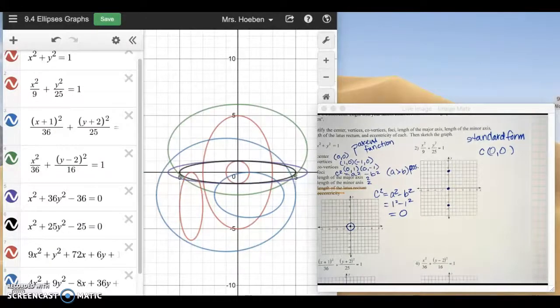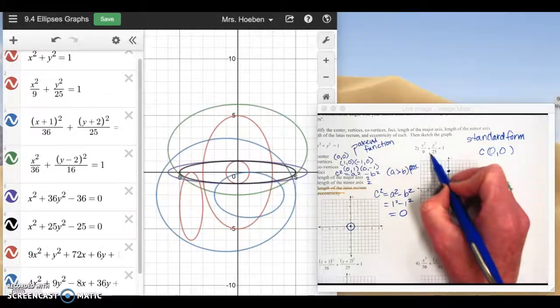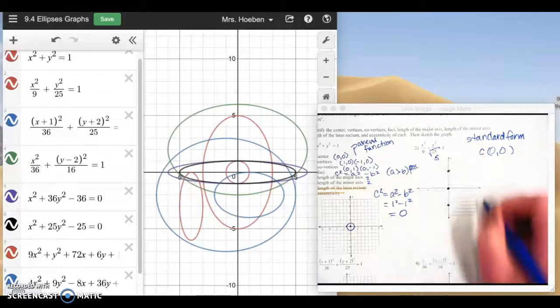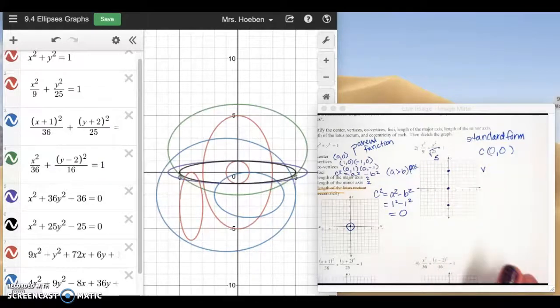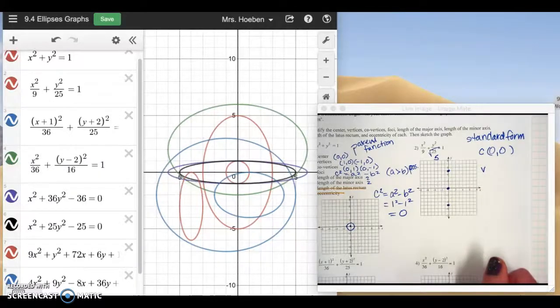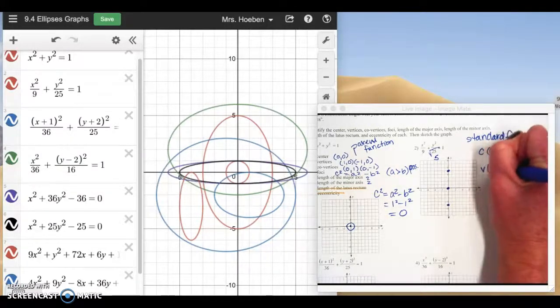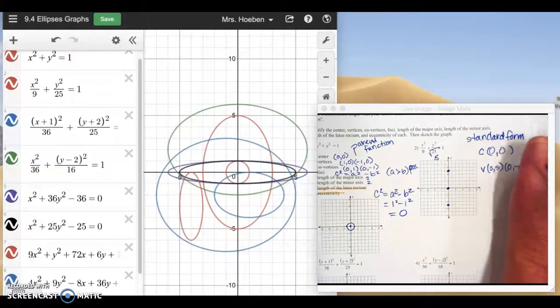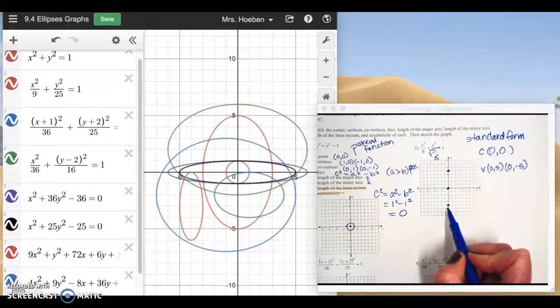Where could the 5 come from in that equation? The square root of this denominator. You see it? That's where the 5 came from, which makes your vertices at 0, 5 and 0, negative 5. You go up 5, you go down 5.